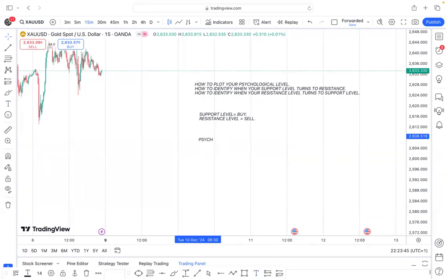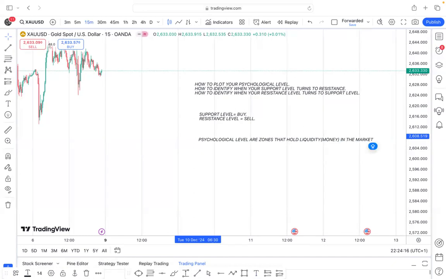Psychological levels are zones that hold liquidity. Liquidity is money. So support and resistance levels that hold money in the markets are your psychological levels, right? They are zones that hold liquidity in the markets.